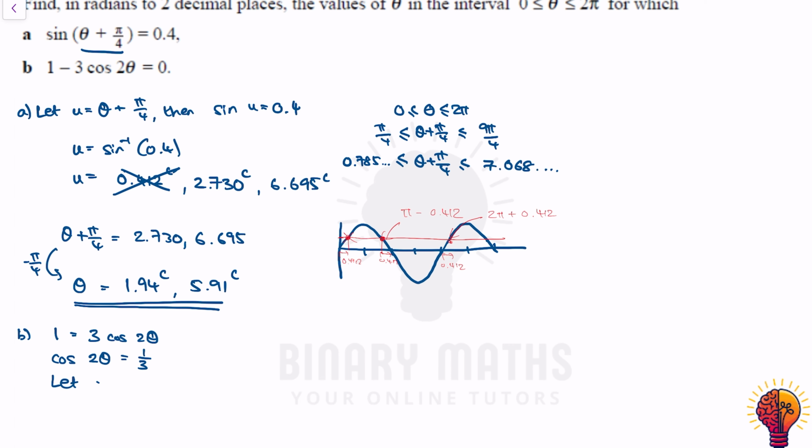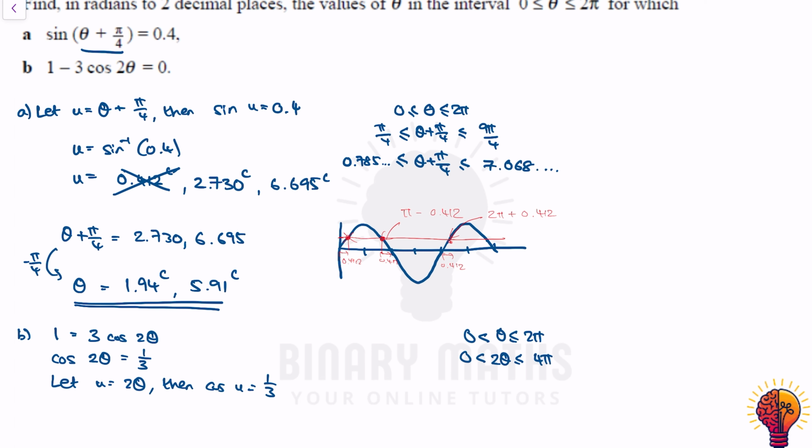Let u be equal to 2 theta. Then cos of u is equal to a third. I need to adjust my range. Theta is between 0 and 2 pi, so 2 theta will be between 0 and 4 pi.